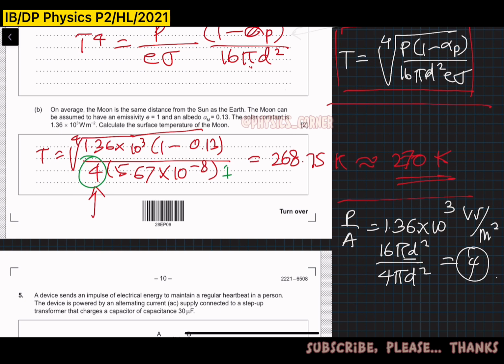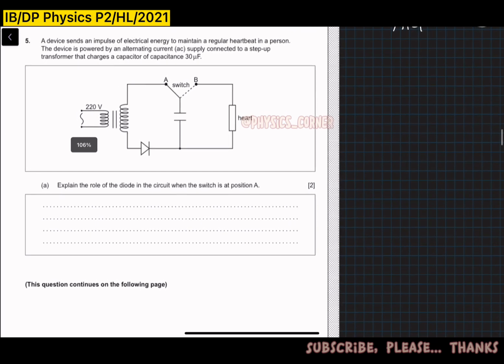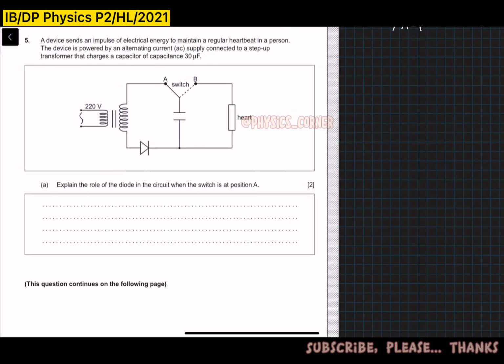Okay, just continue to number 5. We have a device that sends an impulse of electrical energy to maintain a regular heartbeat in a person. The device is powered by the alternating current AC supply connected to a step-up transformer that charges a capacitor of capacitance 30 microfarad.